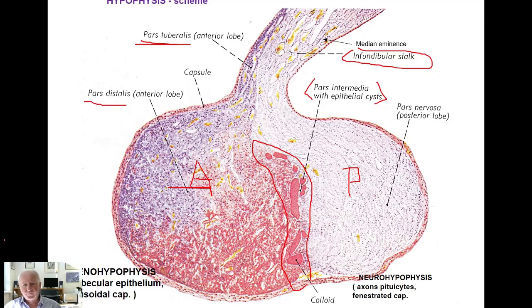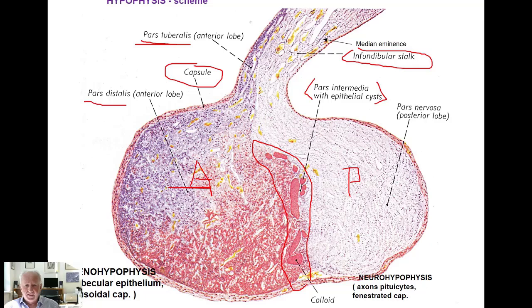As you see, the whole hypophysis is surrounded with a thin capsule of connective tissue. This capsule is coming down from the hypothalamus, so it is in fact pia mater, loose connective tissue surrounding completely the hypophysis.